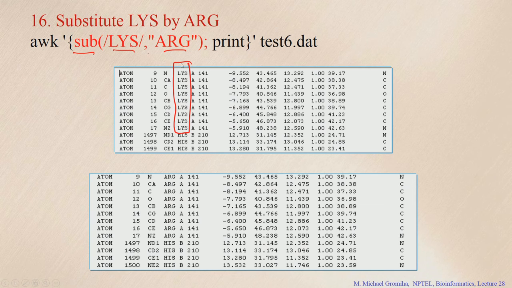To change this to arginine, we give this awk command, this is the pattern action statement. SUB is your substitution from lys. In this case you have to put the slash, and wherever you get the lys, you will change it to arginine. Here you see this one, lysine to arginine, this is one example, but you can do the manipulation for different files at different places, like this replace command.